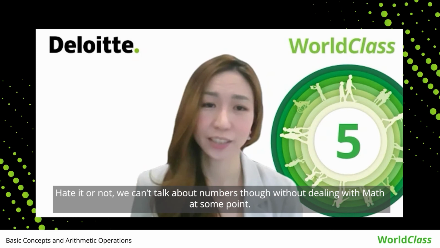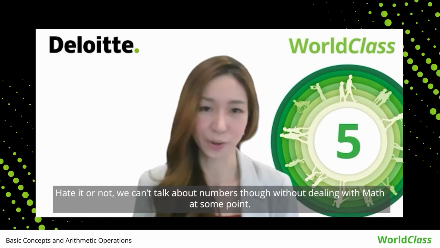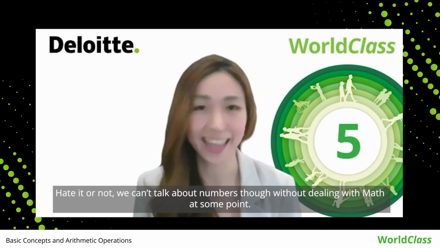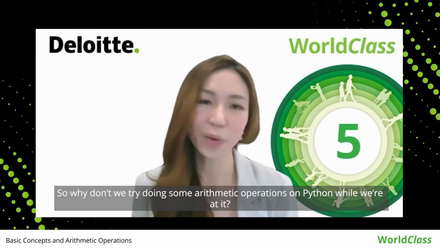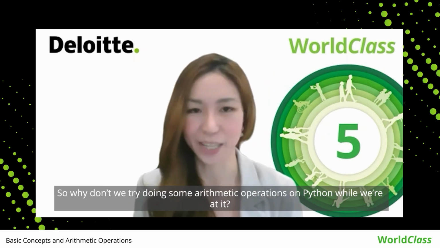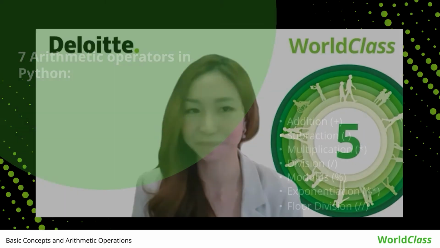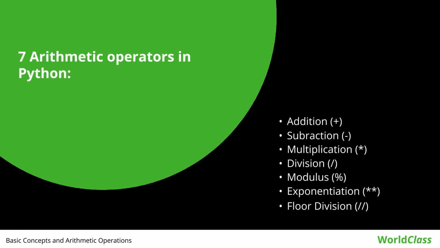Hate it or not, we can't talk about numbers though without dealing with math at some point. So why don't we try doing some arithmetic operations in Python while we're at it? There are 7 arithmetic operators in Python: addition, subtraction, multiplication, division, modulus, exponentiation, and floor division.